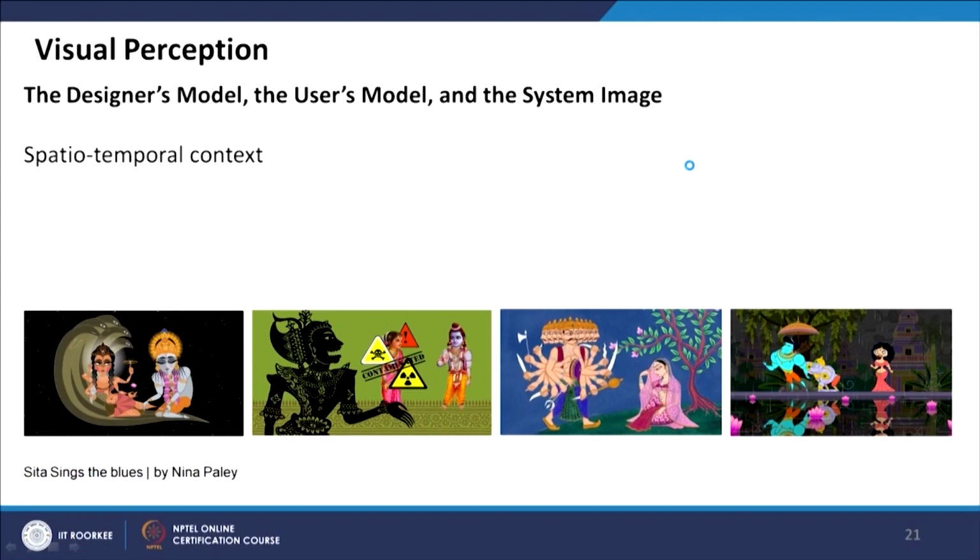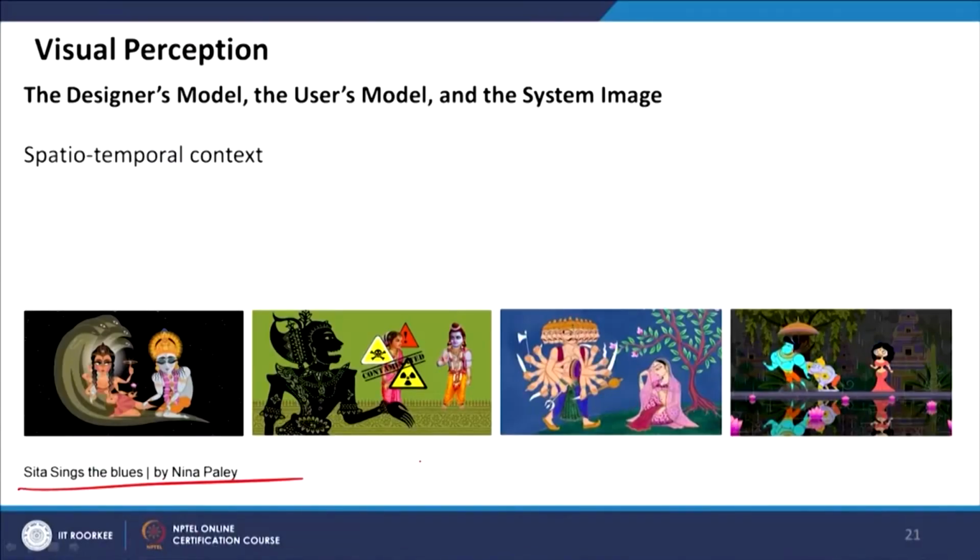Now there can also be an eclectic mixture of all these spatiotemporal attributes, and you might not need to stick to a particular time; your expression might talk about different time frames and different spatial attributes. So this is an example I'm giving from animation, done by Nina Paley, and her interpretation of the traditional story of Ramayana in today's time.